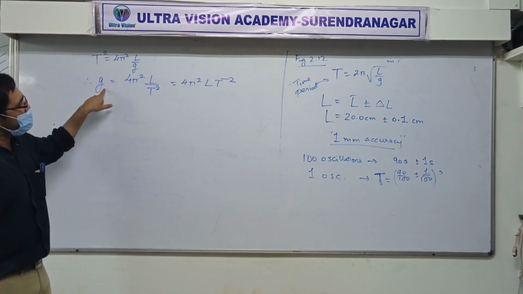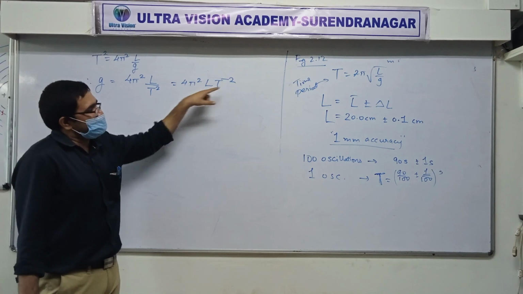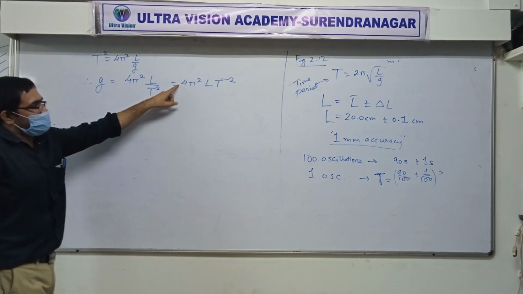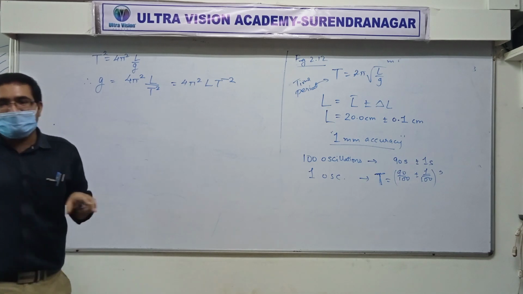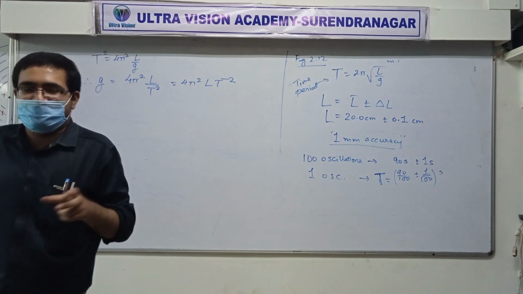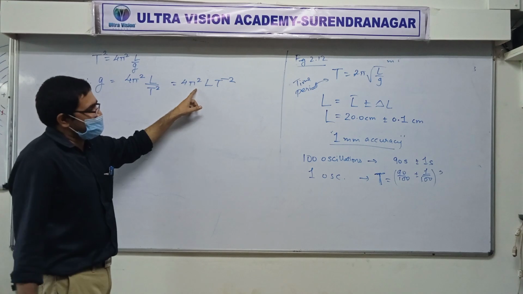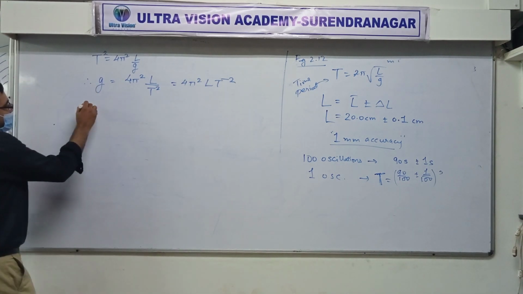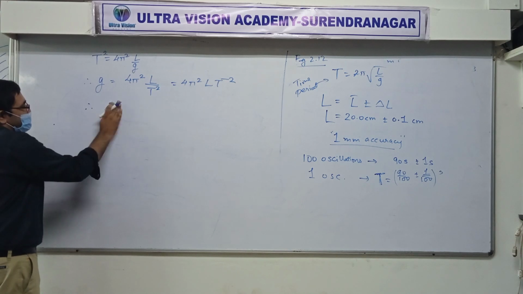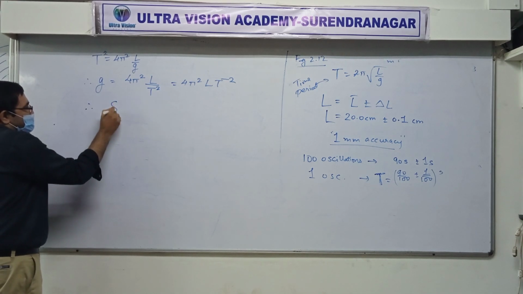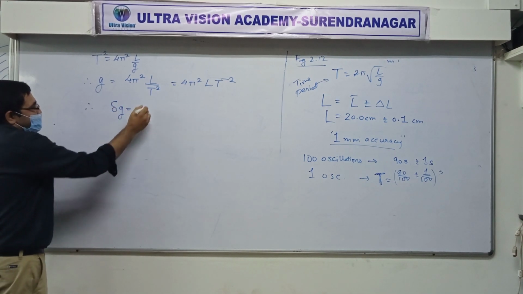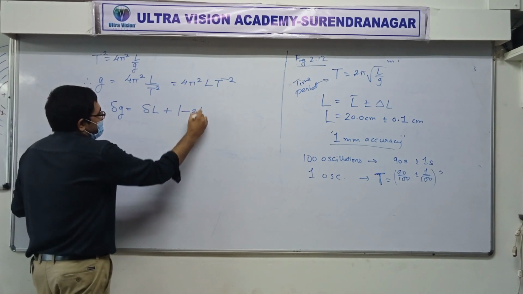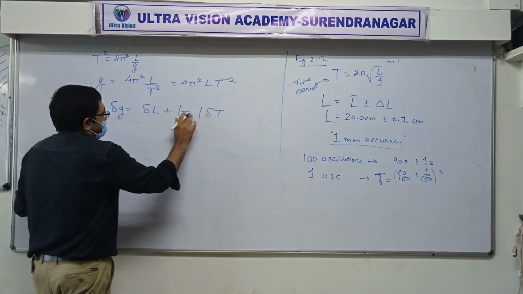Now you can see that G is made up of some multiplication and some powers. Yes or no? Yes. Okay, but just one moment. 4 and pi squared, they are numbers. They don't have error. Right? We have not measured 4, we have not measured pi, we have only measured length. So when we write the percentage error in G, then I should write percentage error in L plus twice the percentage error in T. Do you understand this?